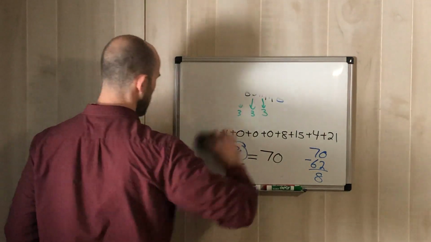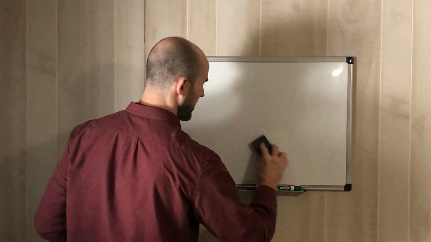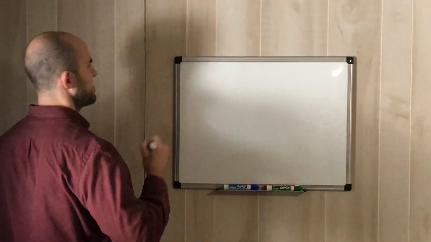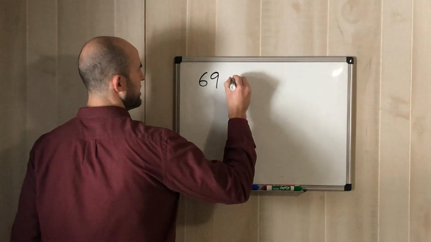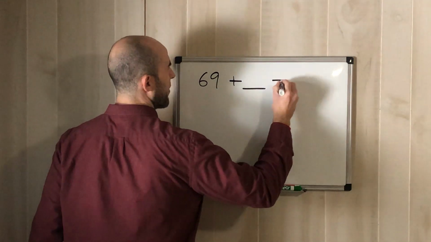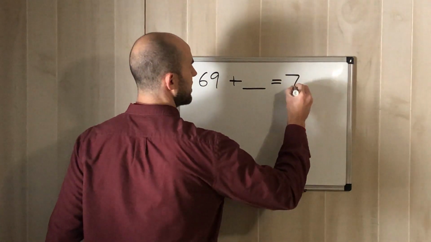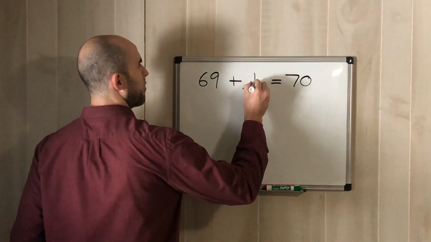And the one thing I always want you to realize, because I want to make sure that you guys get comfortable with it when you're checking the sums, right? Let's say that the sum is, I'm just making something up, 69, right? 69 plus what number would give us our next number, 70, right? Well, that number would be 1, right?